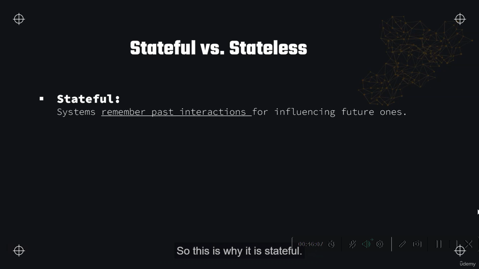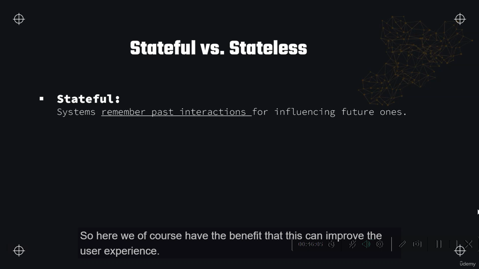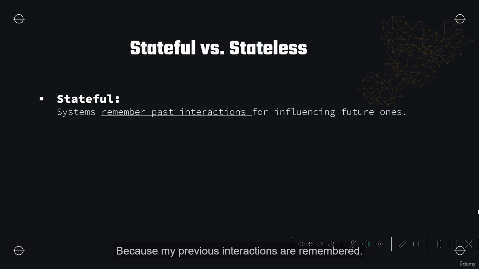So this is why it is stateful. Here we of course have the benefit that this can improve the user experience because my previous interactions are remembered, and for the later requests they will still be used.